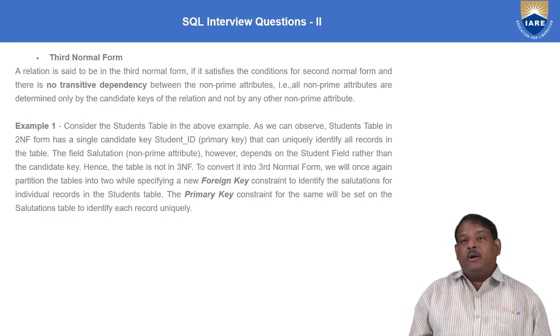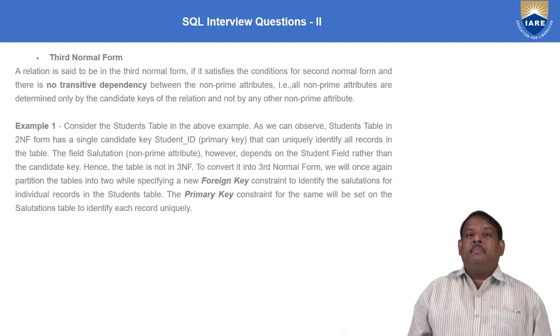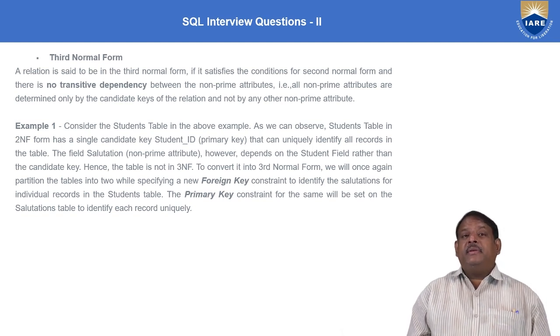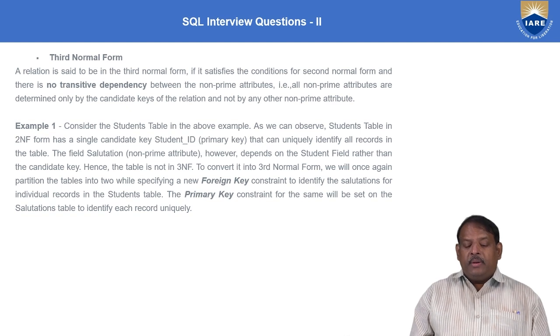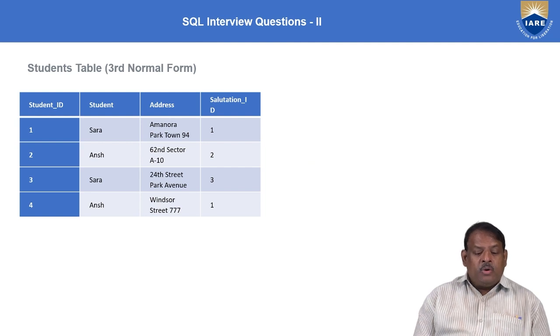To convert into third normal form, we'll once again partition the tables into two while specifying a new foreign key constraint to identify the salutation for the individual records in the student table. A primary key constraint will be set on the salutation key to identify each record uniquely. Now we'll see the third normal form.